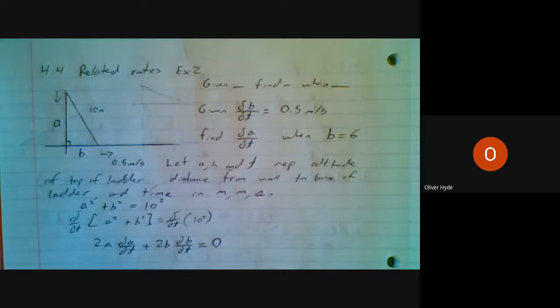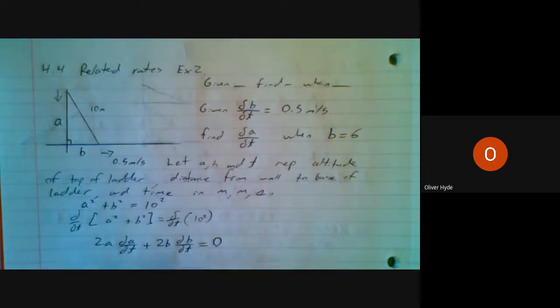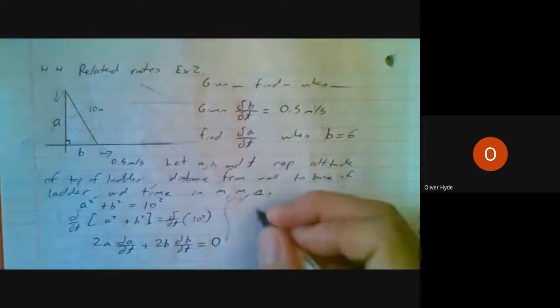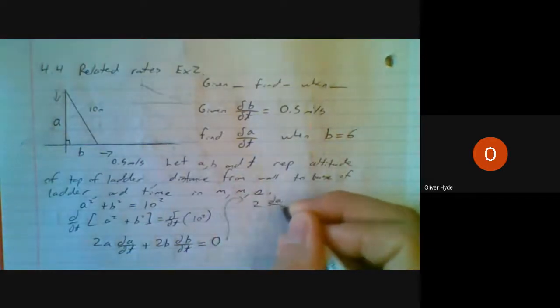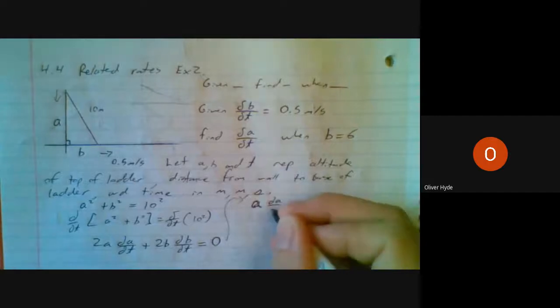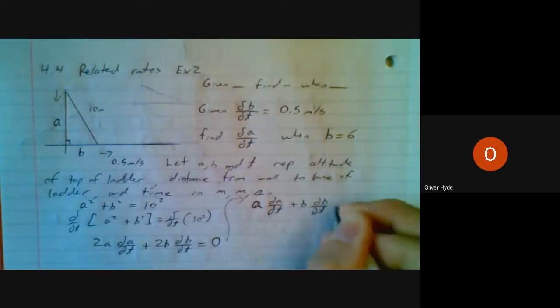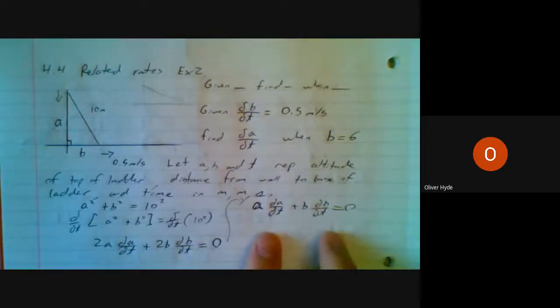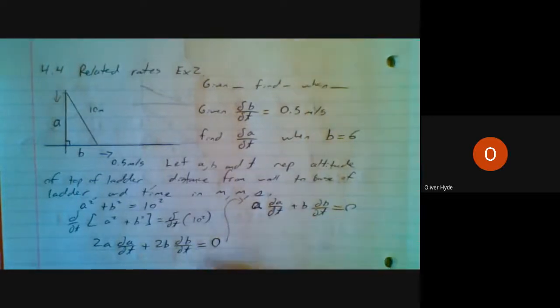Okay. Now you can simplify this expression a little bit, maybe by dividing both sides by 2. Just go up here and say that a dA by dt plus b dB by dt is going to equal 0. And if you're interested, you could rearrange and isolate and find an interesting relationship between these rates and their lengths, very much like the first rectangle question.